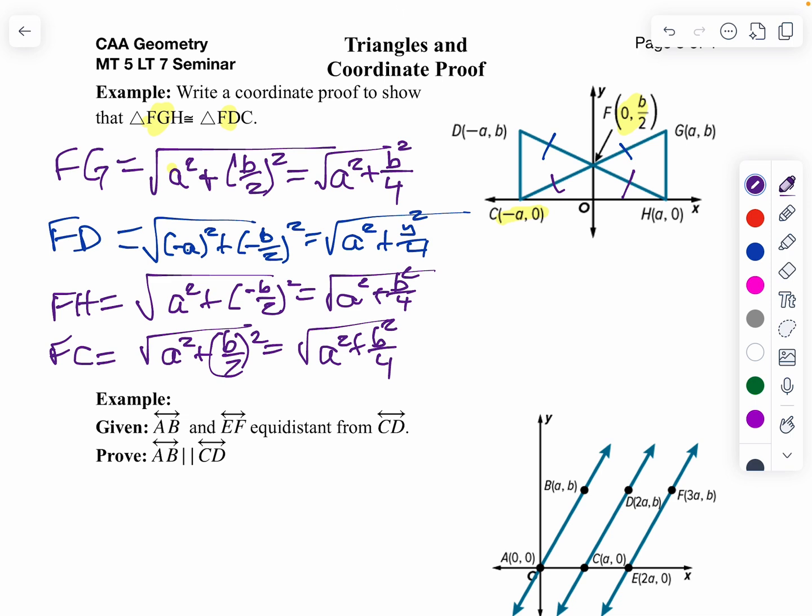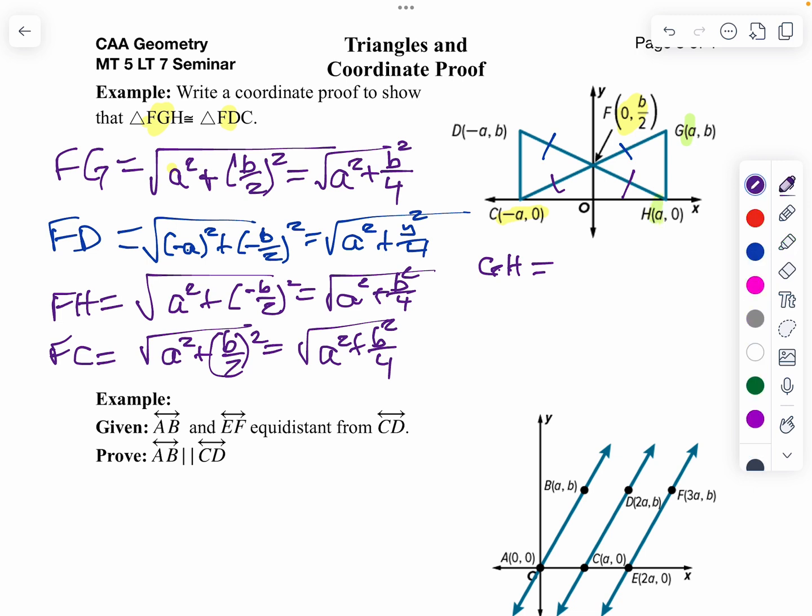So let's find the distance from H to G, or GH, I'll say. Now the nice thing, notice GH, it's a vertical line, isn't it?